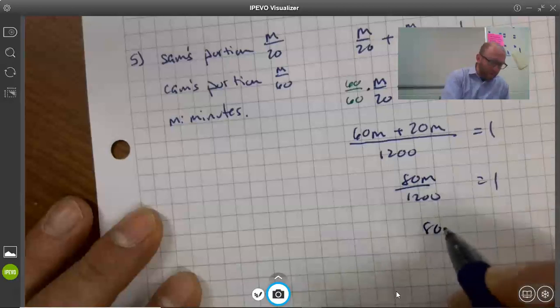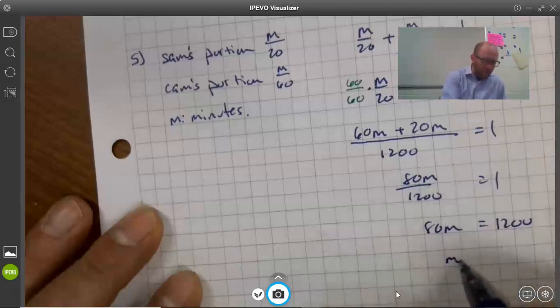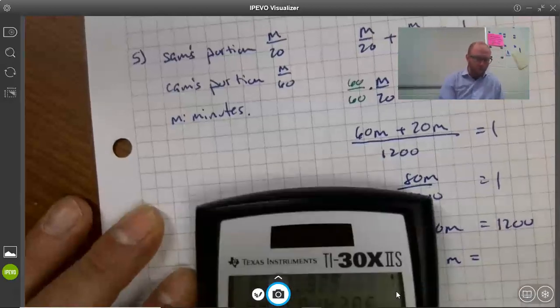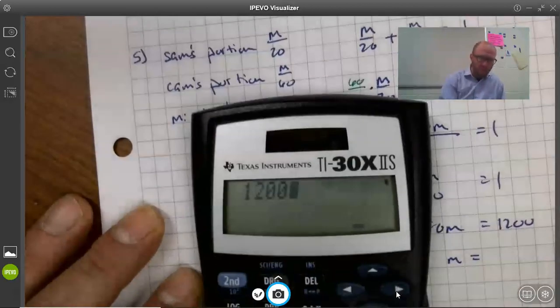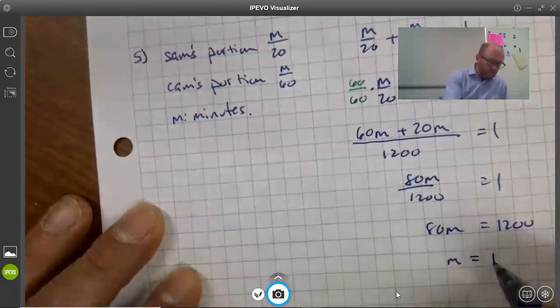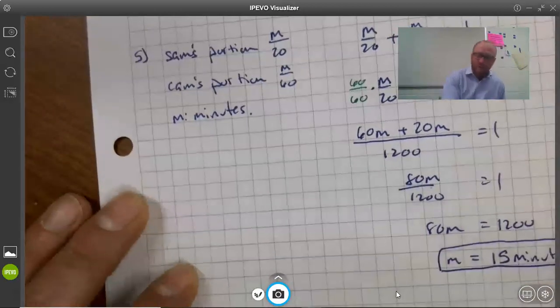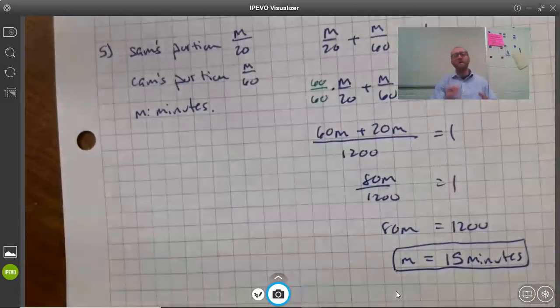Multiply by 1200, 80M equals 1200, and divide by 80, equals 1200 divided by 80 is 15. 15 minutes. Now, it does say to round to the nearest whole minute. We didn't have to round here because it worked out perfectly, but you may have to round for yours. It's possible.